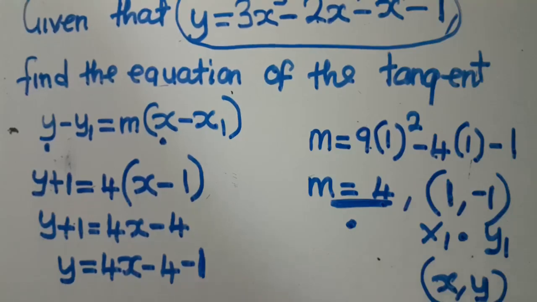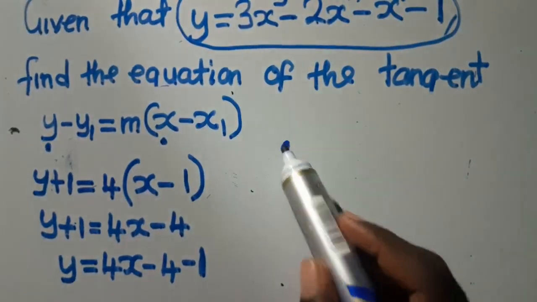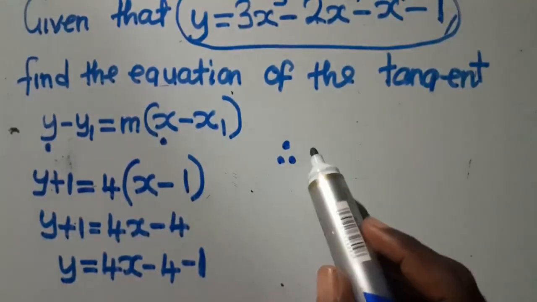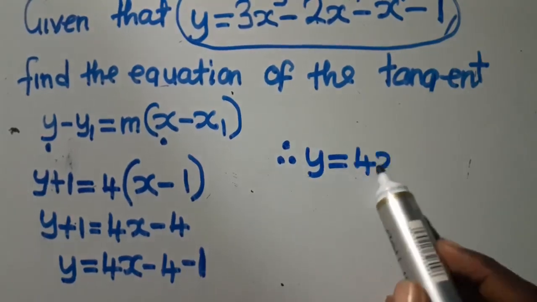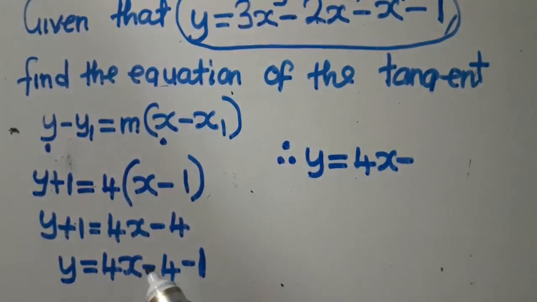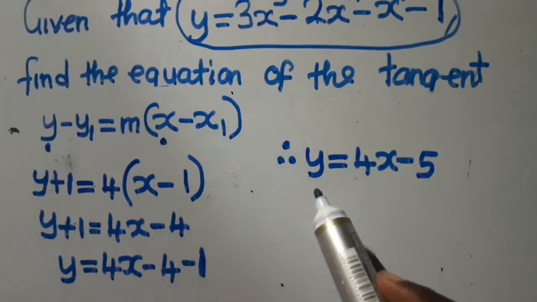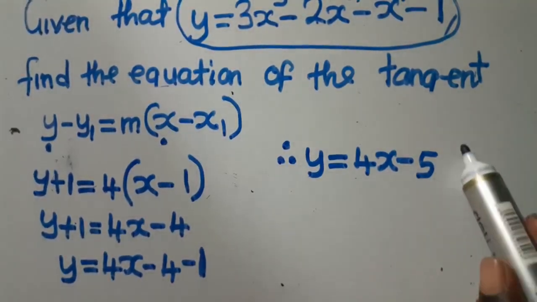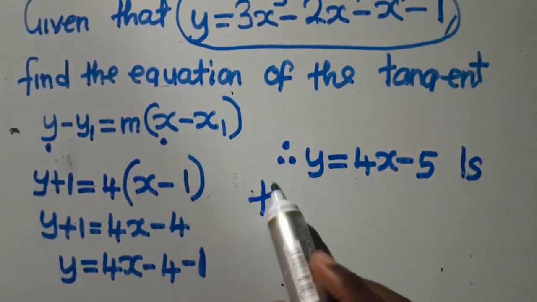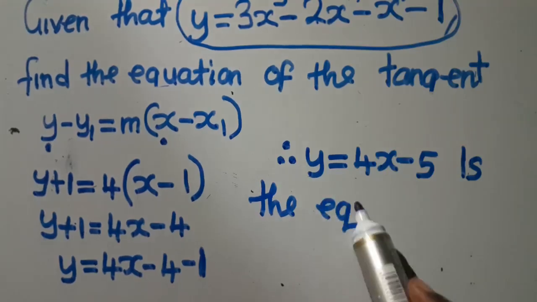Where you conclude and say therefore y is equal to 4x minus 4 minus 1, negative 5. So y is equal to 4x minus 5 is the tangent line, or the equation of the tangent.